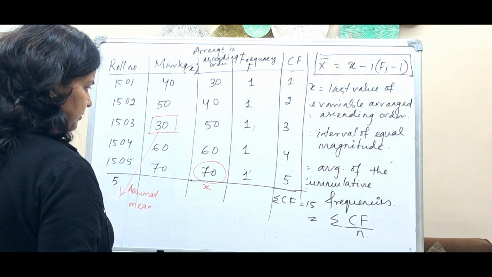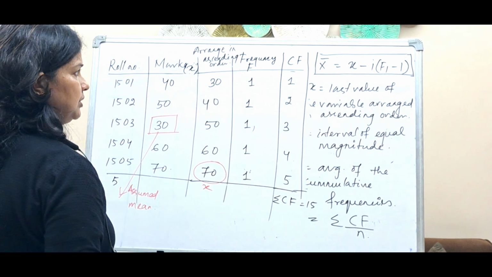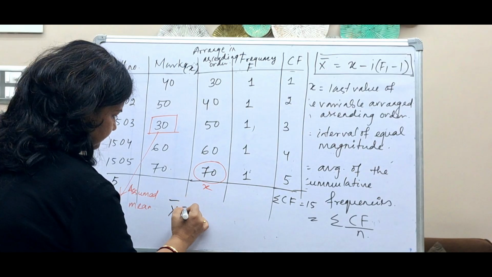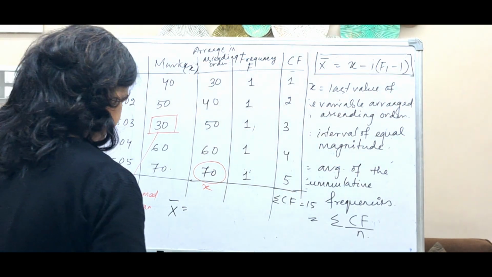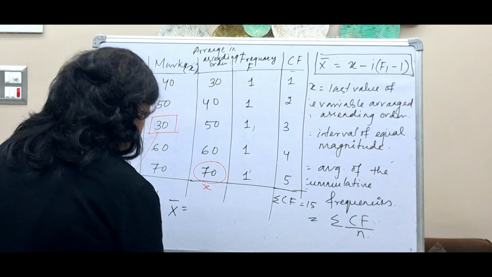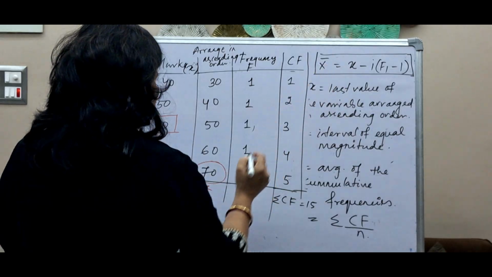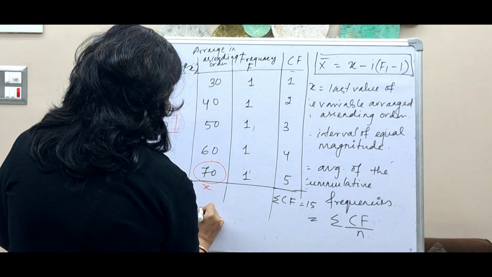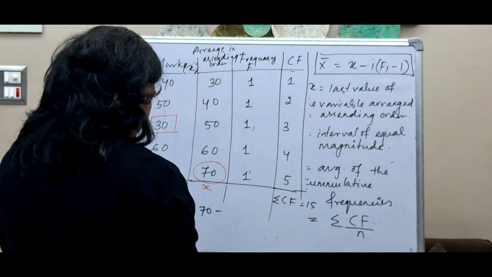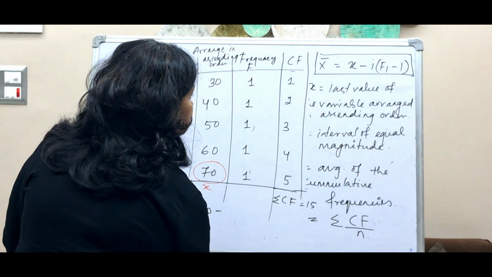Here we need to put all the things into the formula. So x bar equal to 70, the last value, minus I into f1 minus 1.